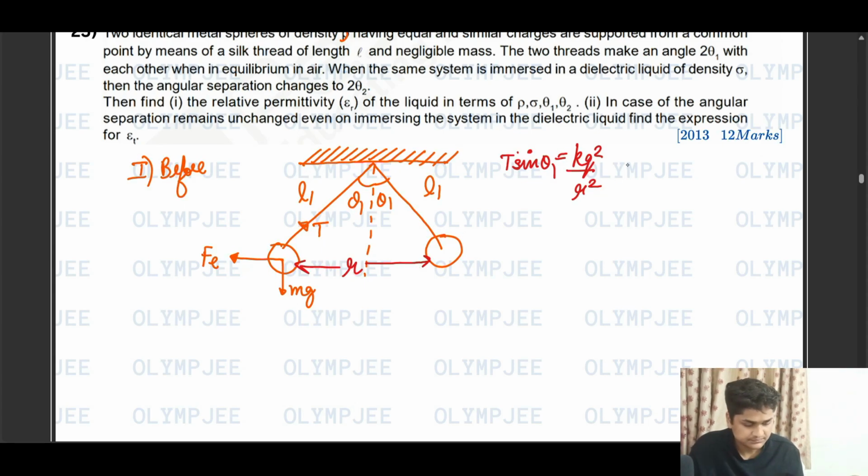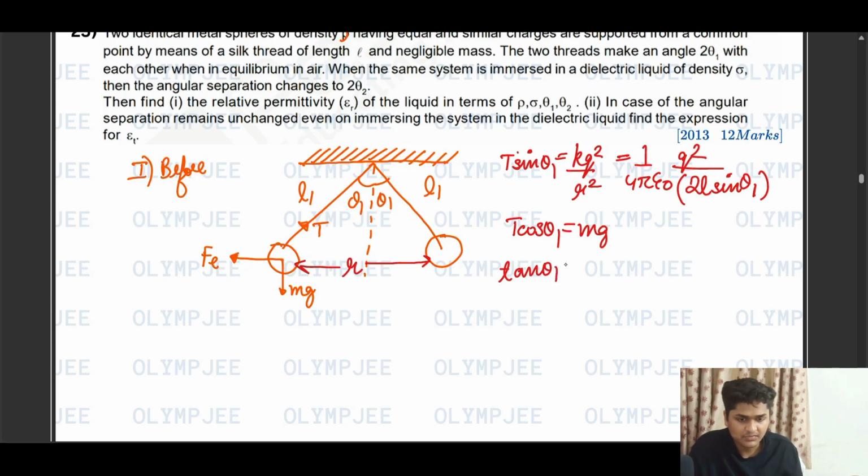So this will be equal to 1 by 4 pi epsilon naught q square by 2L sine theta 1 whole square, because this will be L sine theta 1 and this will be 2L sine theta 1, and T cos theta 1 is equal to mg. So tan theta 1 will be equal to q square by 4 pi epsilon naught mg 4L square sine square theta 1.